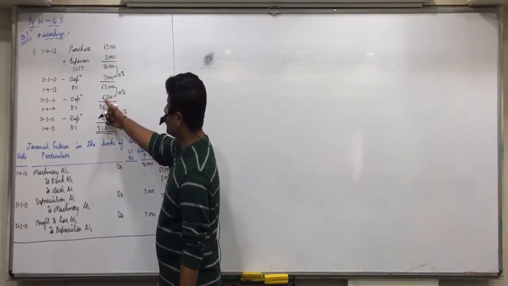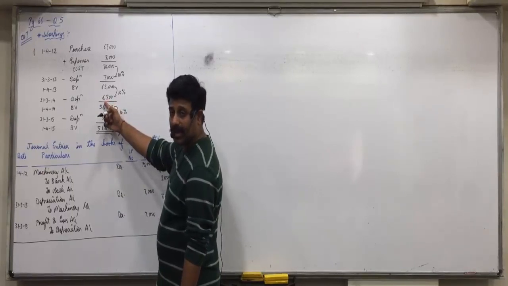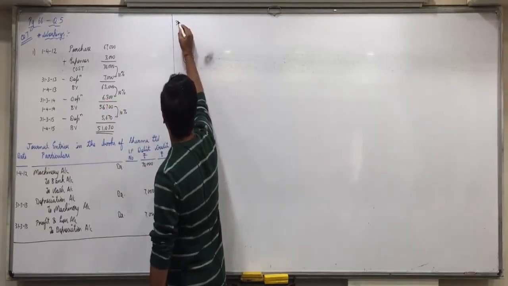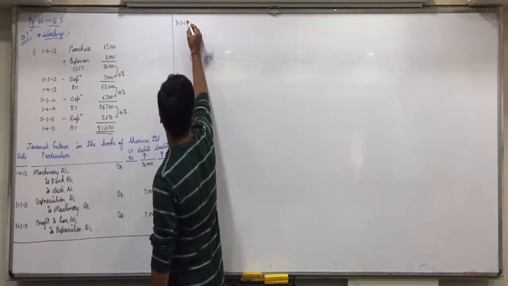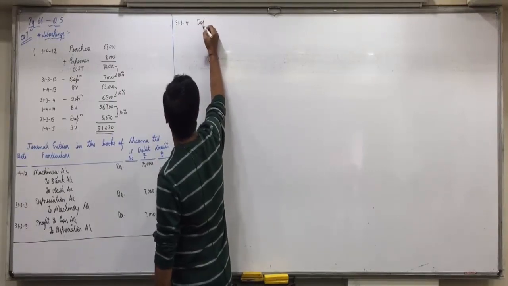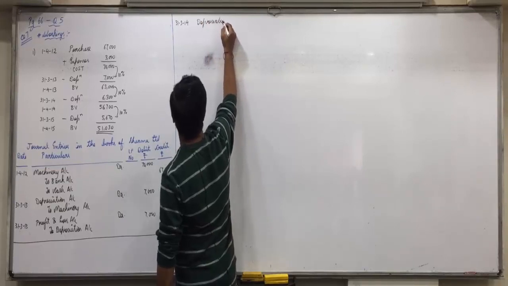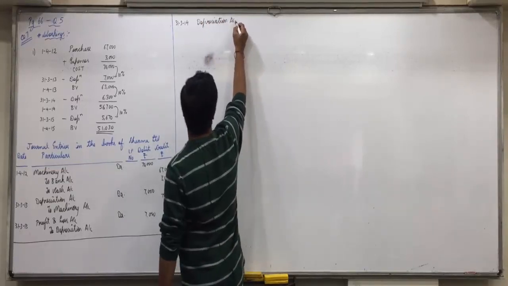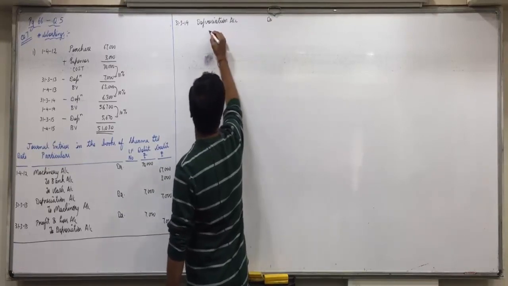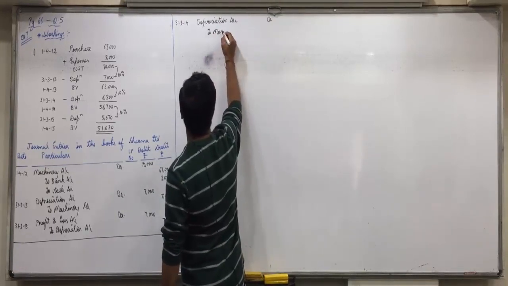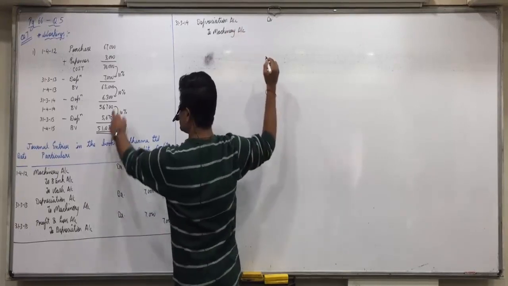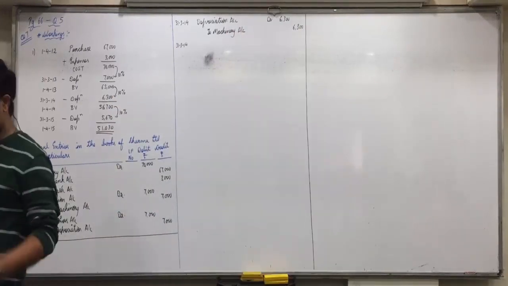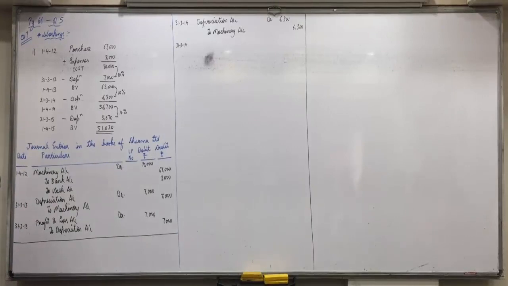Now second year, simply two entries of depreciation with 6,300. So 31/3/14, depreciation account debit, to machinery account 6,300. Being depreciation provided at the rate of 10% by RBM.